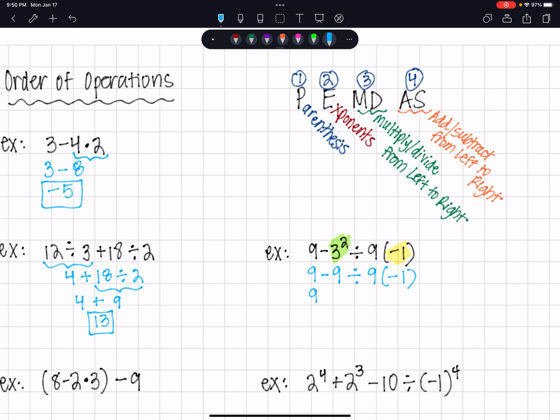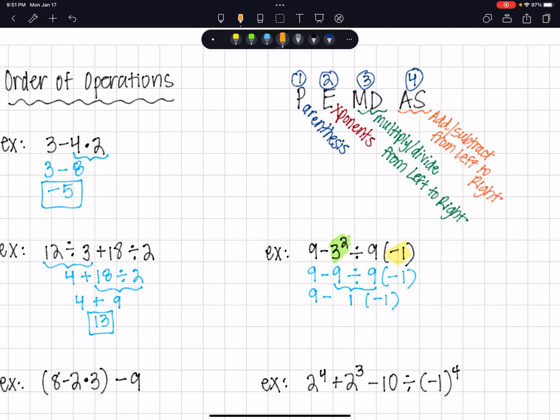I'm not going to do 9 minus 9. I'm going to do 9 minus 9 divided by 9 times negative 1, but I have to divide from left to right, so 9 divided by 9 is 1, and then I have times negative 1.